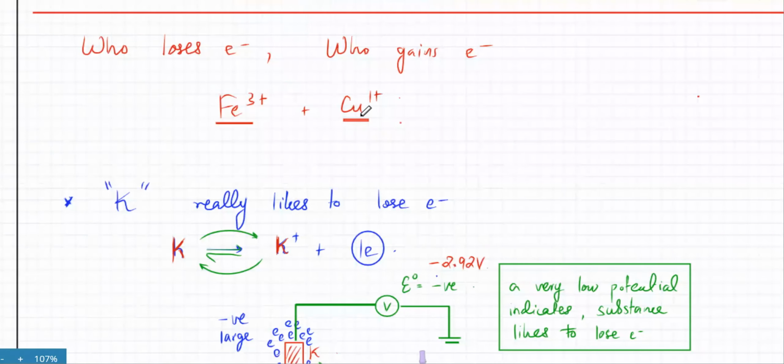If I tell you that there is aluminium trying to react with, let's say, lead or some other element that you have never heard of, how would you know who's going to lose electrons and who's going to gain electrons? So we need to somehow figure out the tendency of which element, substance or compound wants to lose electrons and which ones want to gain electrons.